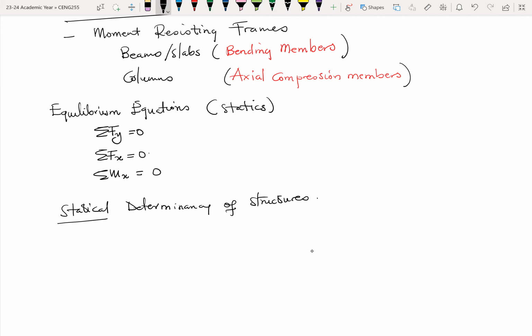You looked at statically determinate structures when the number of unknown reactions is equal to the number of equations, where R stands for unknown reactions and E stands for equations.